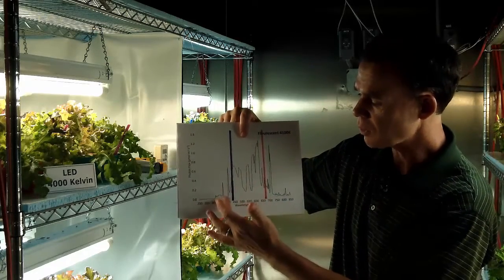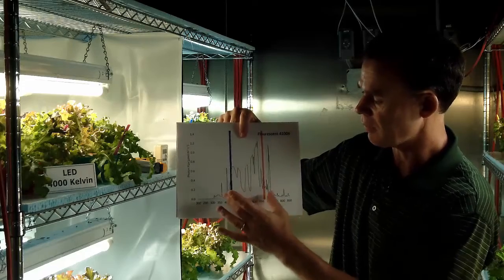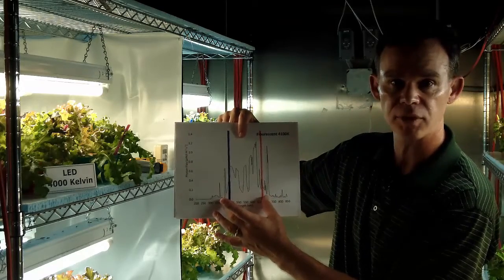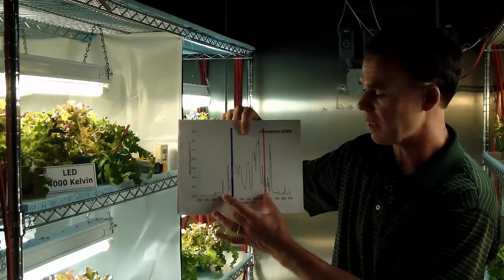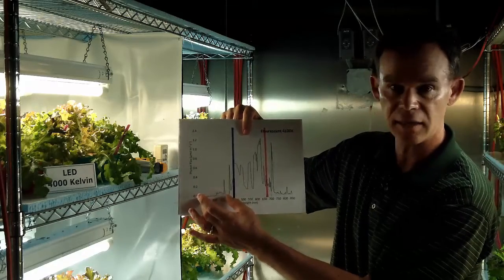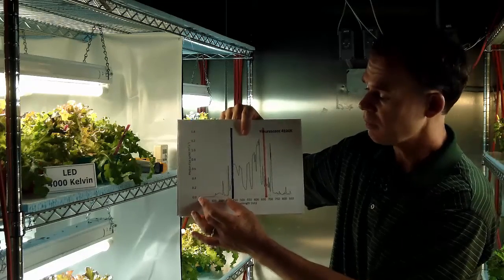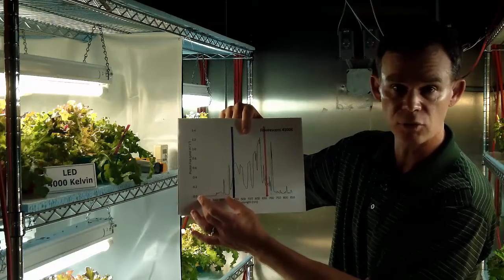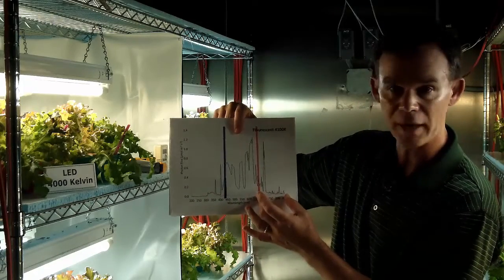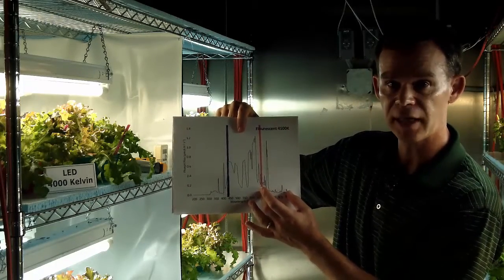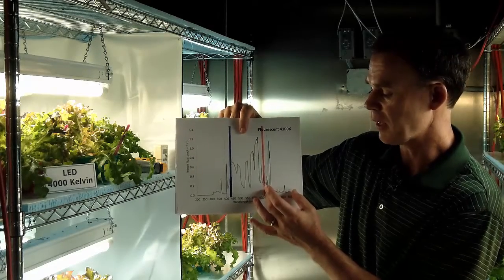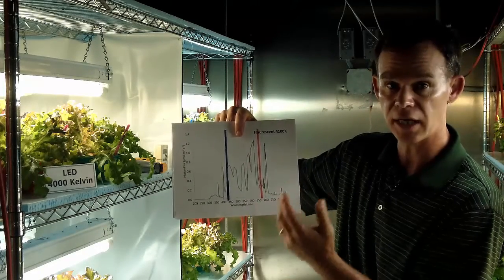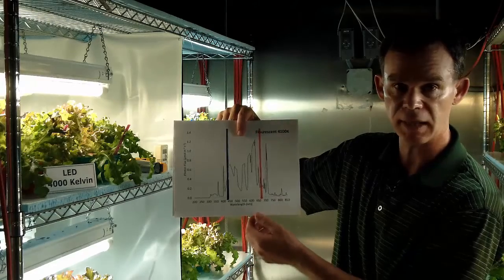And between 400 and 700 nanometers, that would be the output that would be for photosynthesis or plant growth. The shorter wavelengths are high in energy, but there are areas, for example, in UV. And in the longer wavelengths, that's really just far red light and heat. So it partly encourages elongation and also heating up of the plants.